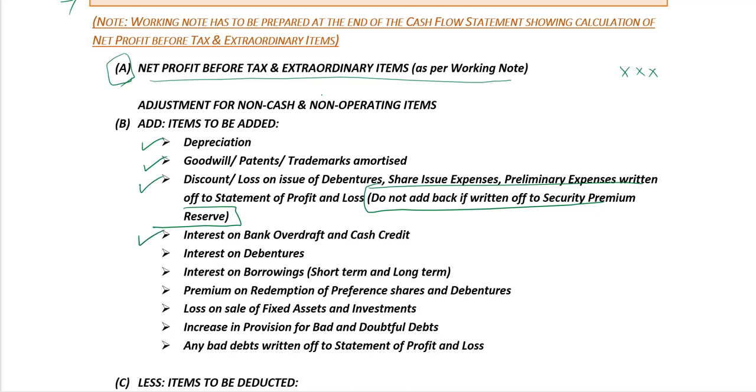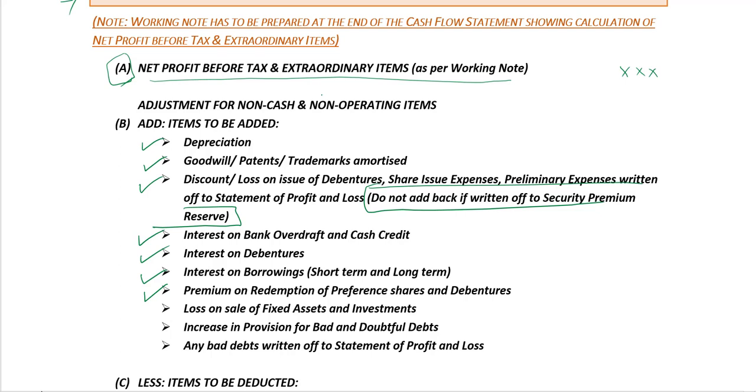Interest on loans, it could be interest on bank overdraft and cash credit, or interest on debentures, or any other interest on borrowings, whether short term or long term, needs to be added back. Any premium on the redemption of preference shares and debentures also needs to be added back.